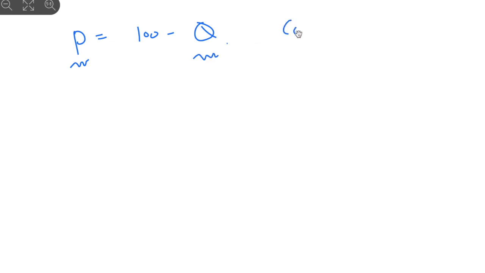In the Cournot model, we have the same price because we have the same product, but we can control the quantity.